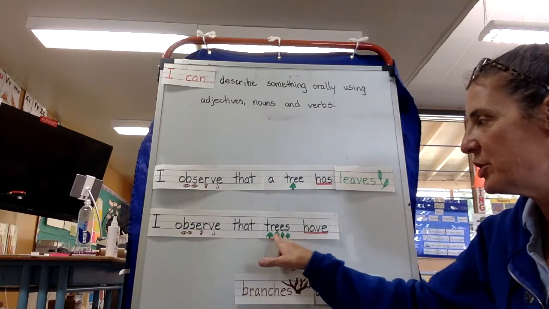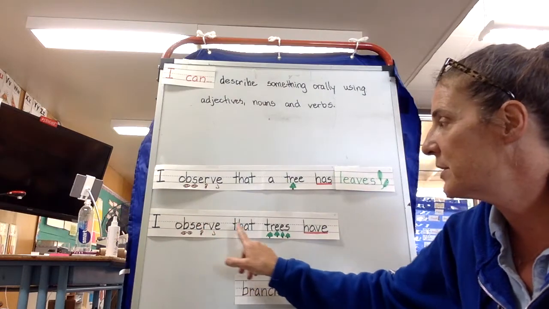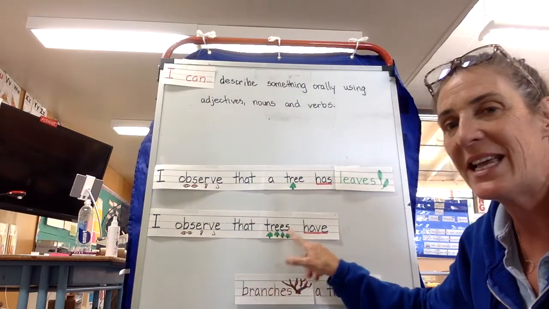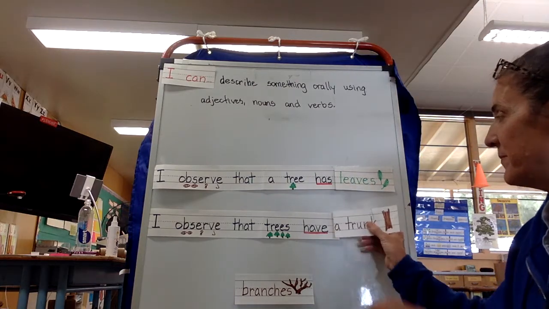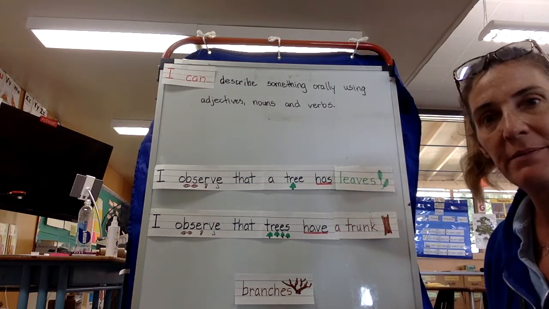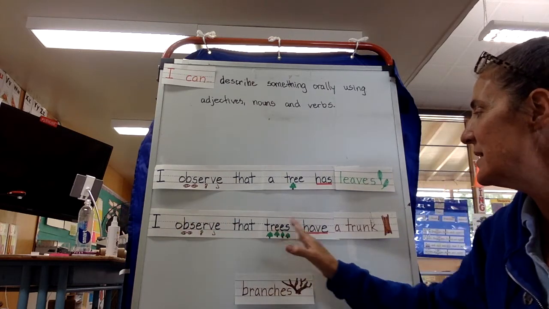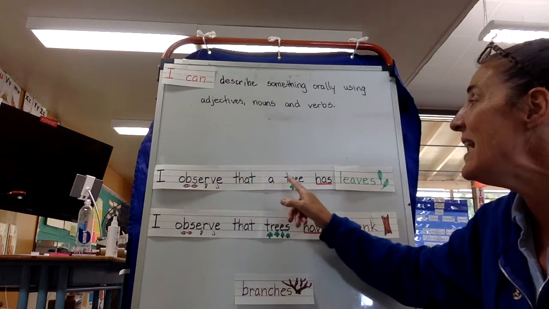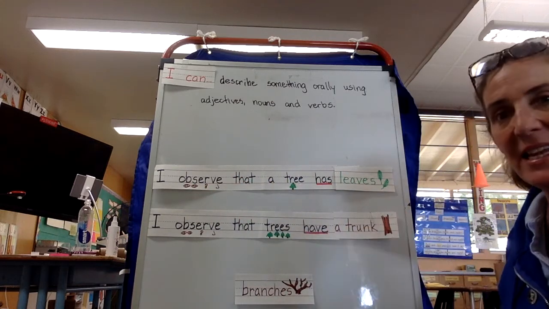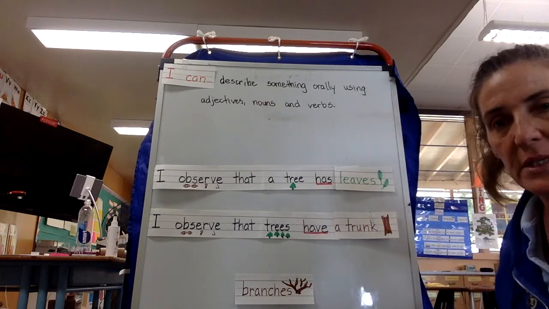Now down here it changes because there's more than one tree. I observe that trees have a trunk. I observe that a tree has leaves. So you'll take a turn, each of you going through those.